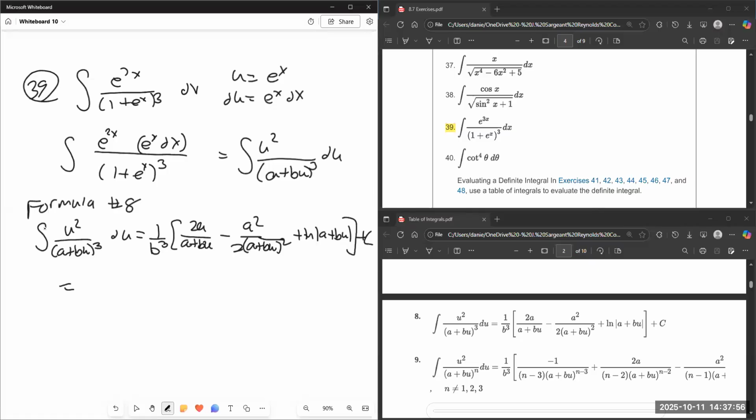So my a is equal to 1, and my b is equal to 1.